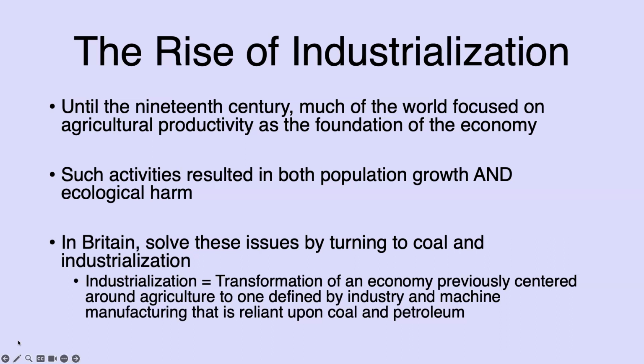So it is shifting away from a very agrarian, raw materials focus to one of factories, machines, and manufacturing, using coal and petroleum to churn out high amounts of goods that range between semi-finished and completely finished.